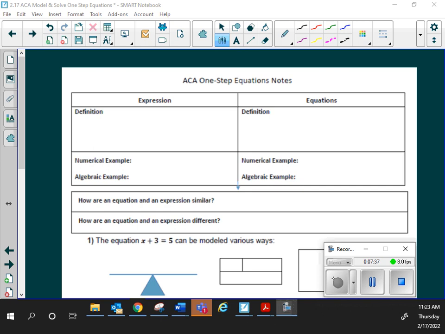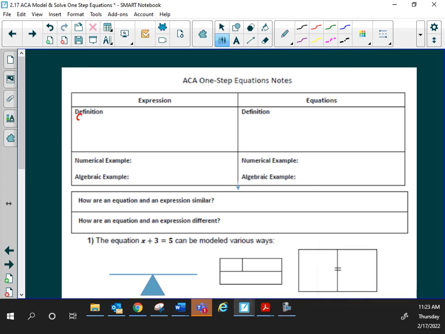So I'm going to put some more mathy explanations, definitions, just please write along with me. An expression, you can define it as a combination of numbers and operations.